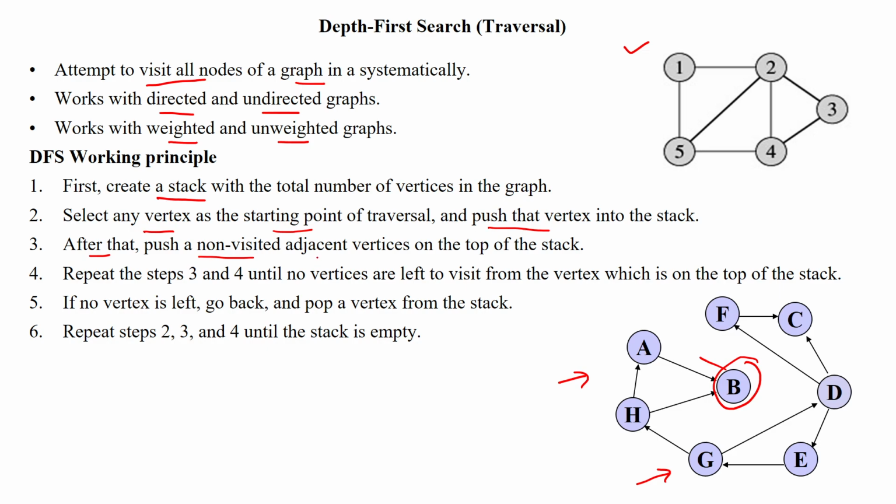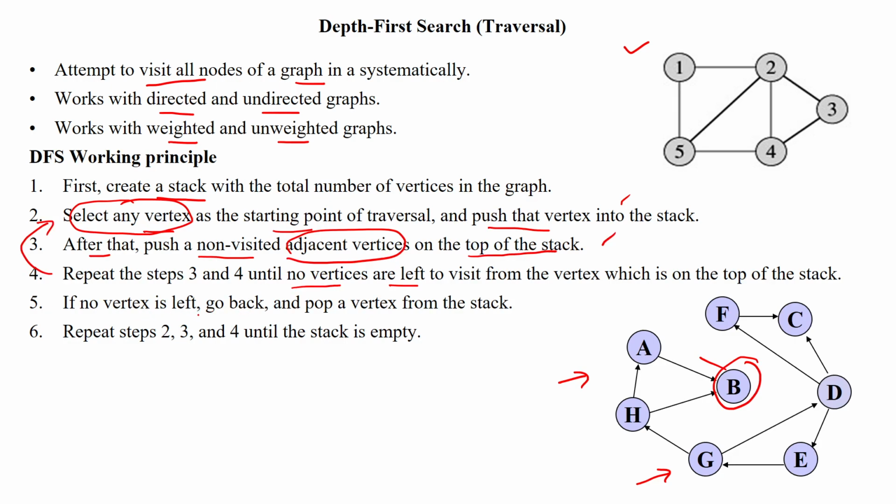If you find any non-visited adjacent vertices to the selected vertex, then you can push that into the stack. Here we have to repeat these steps until no other vertices are left to visit from the selected vertex in the given graph, right?